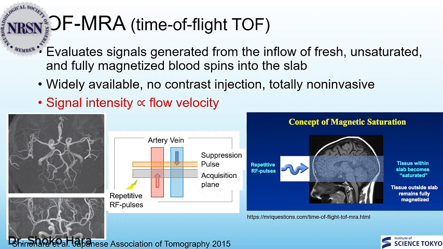Because time-of-flight MRA relies on the inflow of unsaturated water molecules into the imaging slices, its signal intensity is strongly influenced by the flow velocity within the arteries. In other words, the signal intensity of each vessel provides an indirect estimate of intracranial arterial flow velocity.